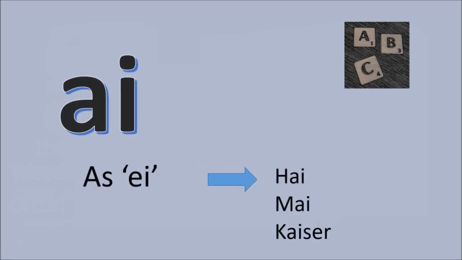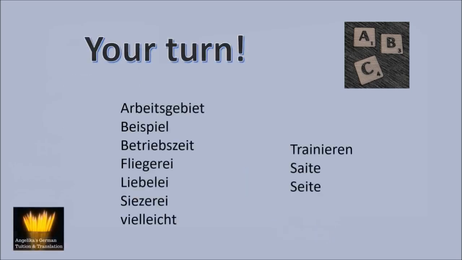AI is also pronounced as I. Hai, Mai, Kaiser. Your turn. How do you pronounce all these words? Have a go before I read them to you.